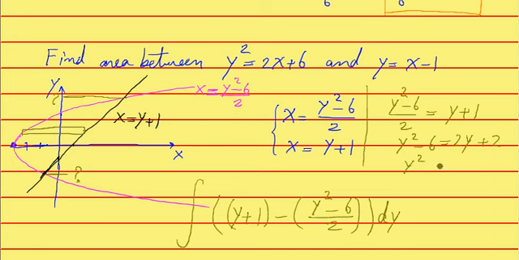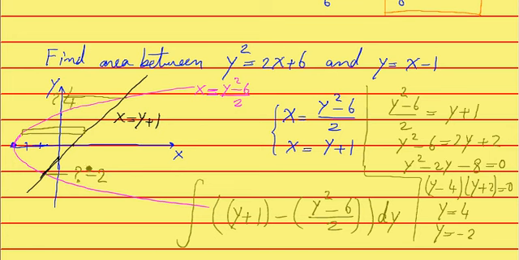Bring everything to one side. y squared minus 2y minus 8 is equal to 0. Factoring this, y minus 4 times y plus 2 equal to 0. That gives us y is equal to 4 and y is equal to minus 2. So this is minus 2 and that is 4.